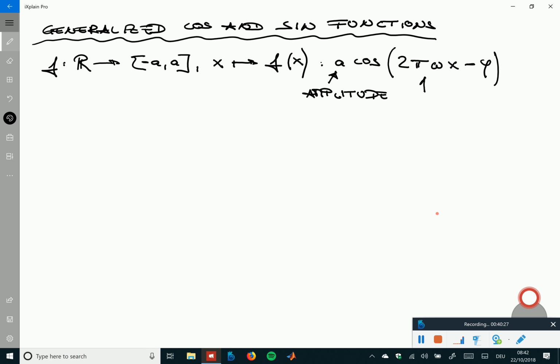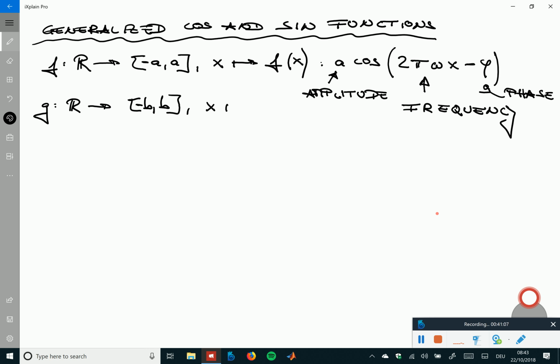Here you have something like an amplitude factor. Here you have something like a frequency, not frequency factor, but frequency term. And here you have something like a phase term. What and why these things are called that, that's what I want to explain after the first break. But before the first break, this I call the generalized cosine function, and of course similarly one can define a generalized sine function.